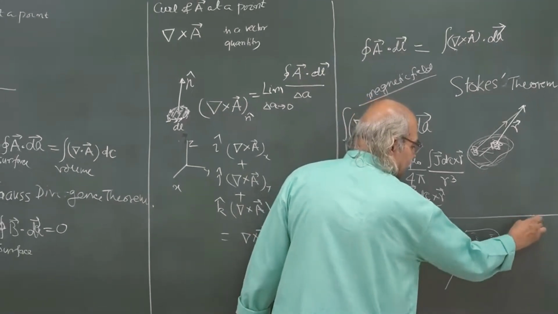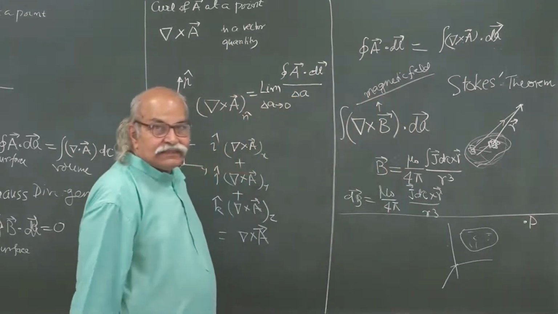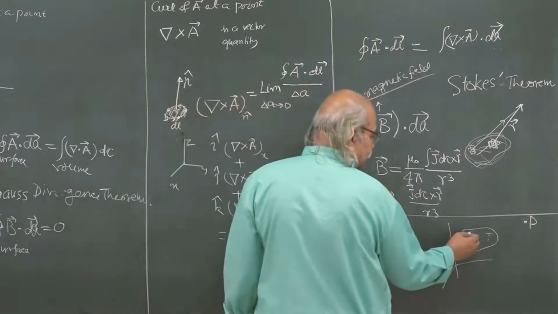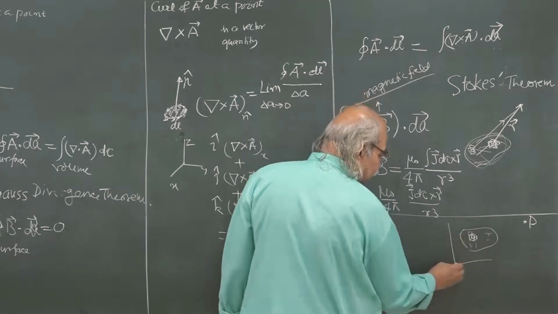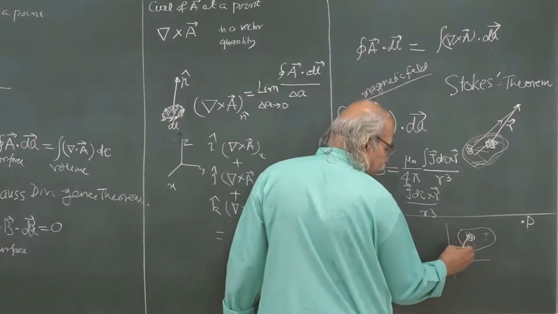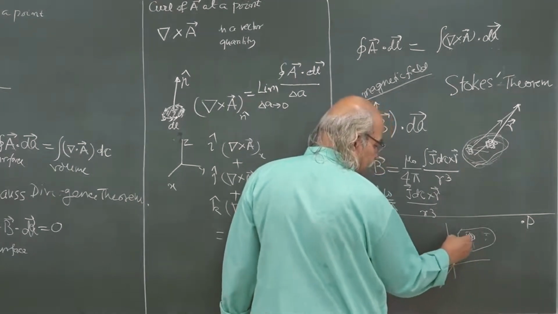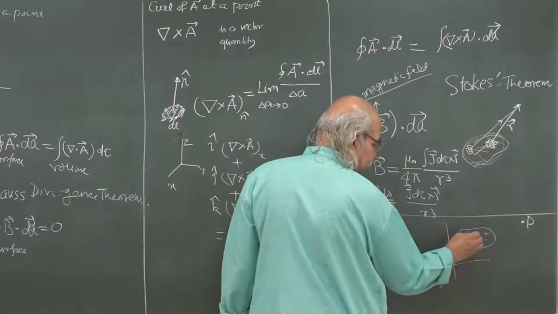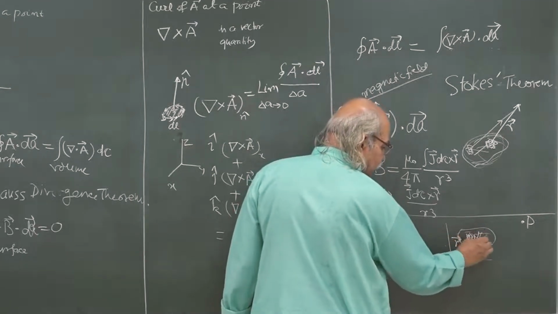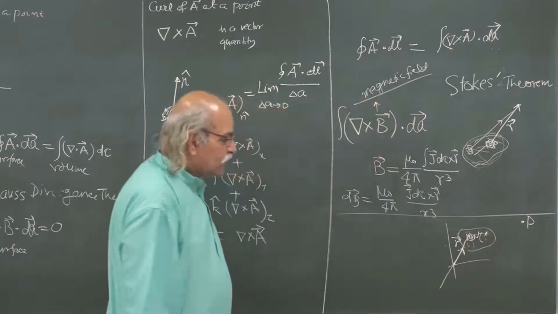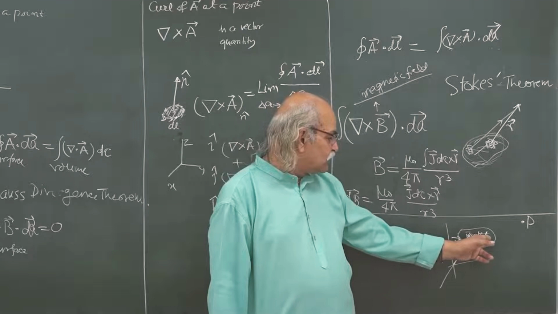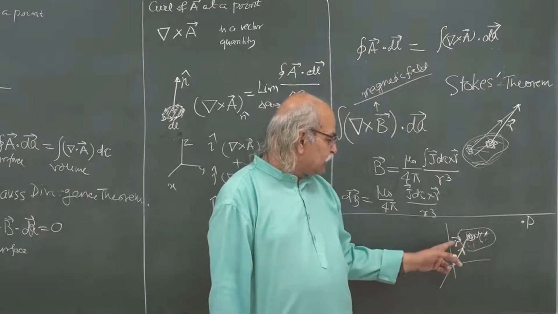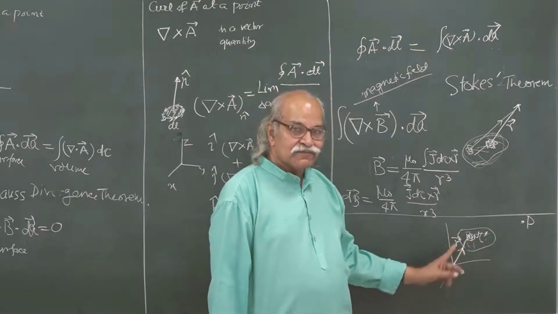So, field point is here. Then we said that if I take the volume here in the current distribution, this position vector will be called r prime, and this element itself will be called d tau prime. When you change from this volume element to this volume element, you are actually changing this r prime.